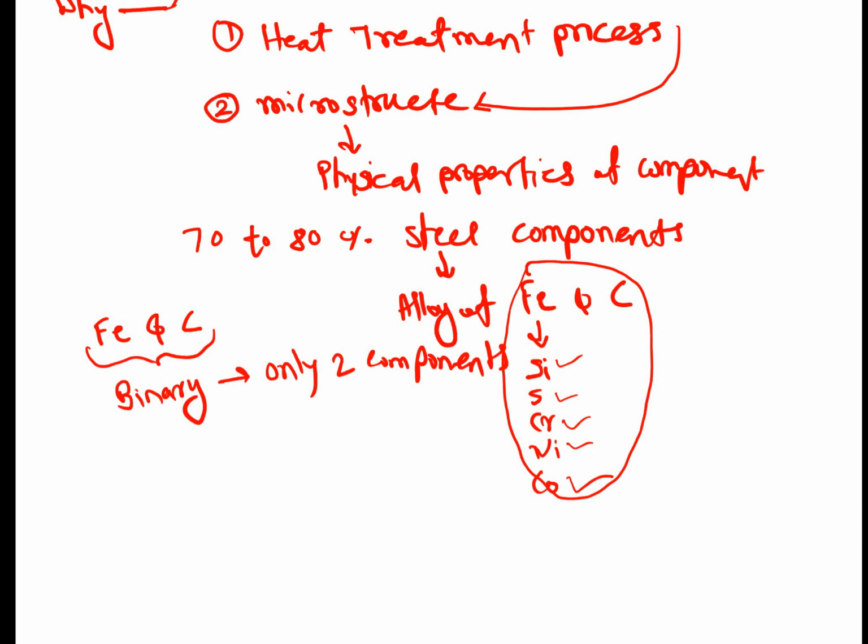So what kind of alloy is steel? When iron is alloyed with carbon, it forms an interstitial alloy.